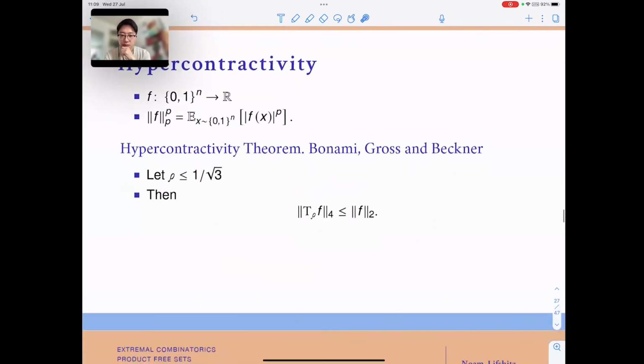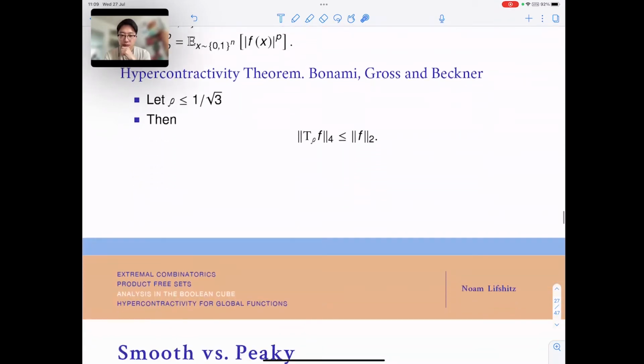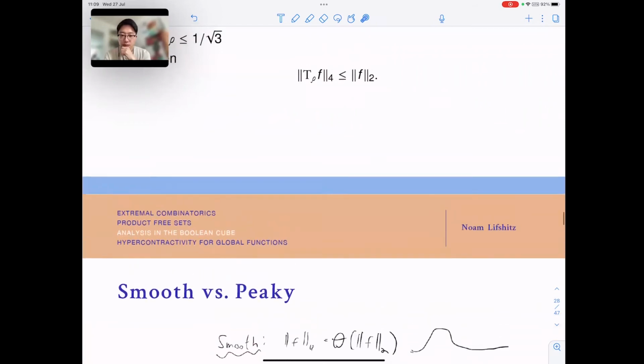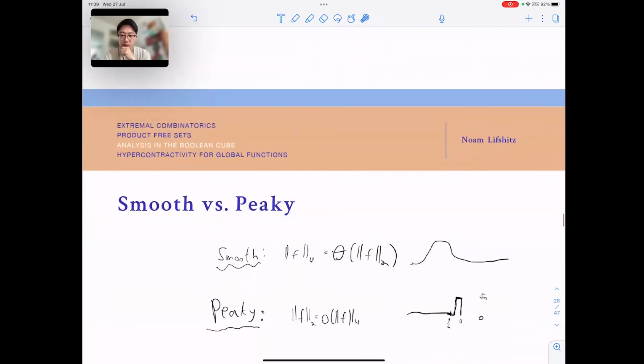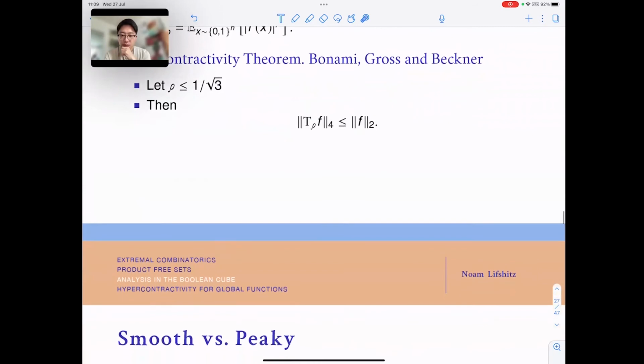And for simplicity, I stated here only with respect to the 4 norm and 2 norm. It takes the form: the 4 norm of T rho F is at most the 2 norm of F, and it means that you send the large L2 ball into the small L4 ball.